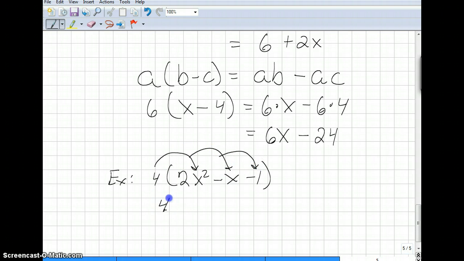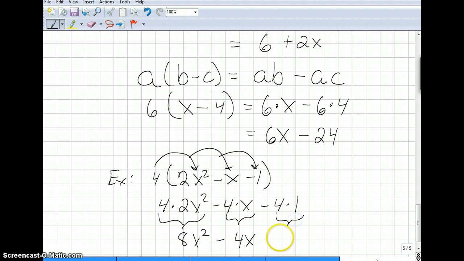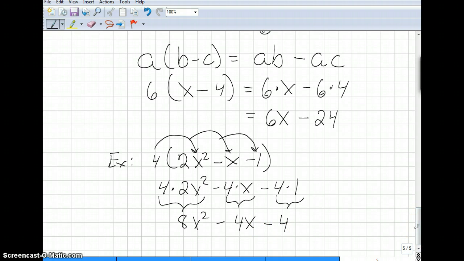So this is going to be 4 times 2x squared minus 4 times x minus 4 times 1. This simplifies to 8x squared. This simplifies to 4x. This simplifies to 4. Then we cannot combine any like terms, and so at that point we are done.